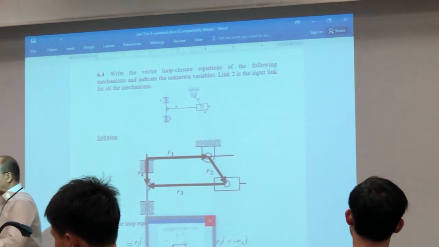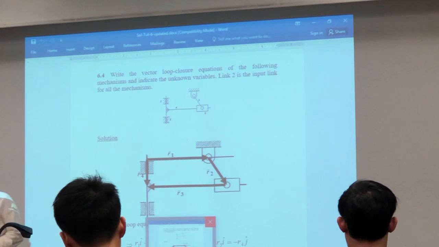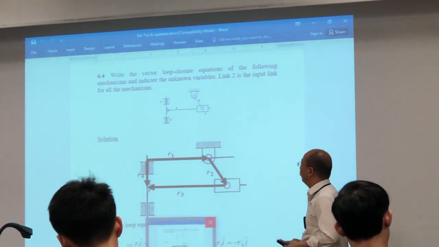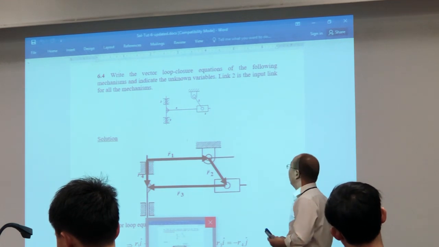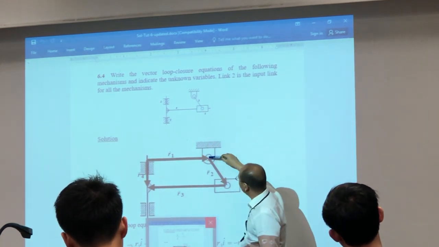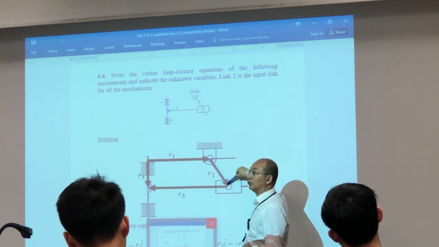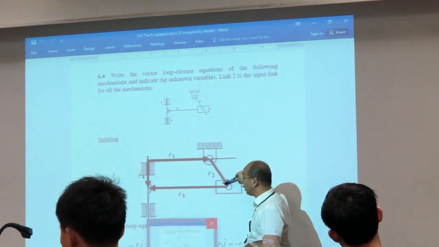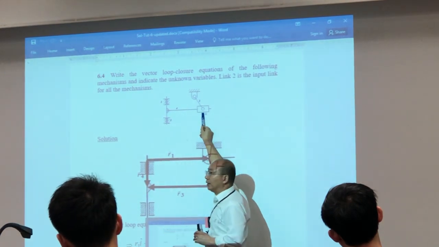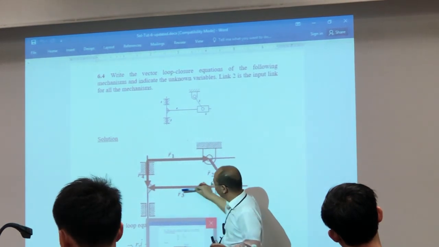So how do we represent this mechanism by making use of a vector closed loop? You say this is one link, so you represent that link by one vector, R2. The direction of the vector is up to you to draw. Then this one is another vector.